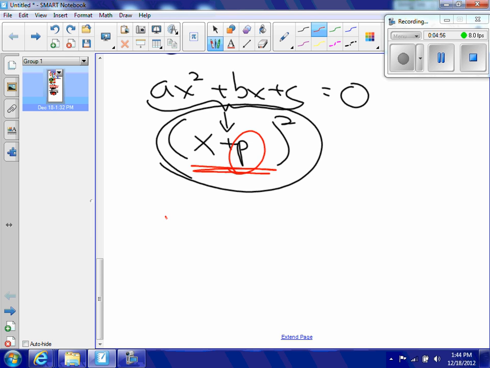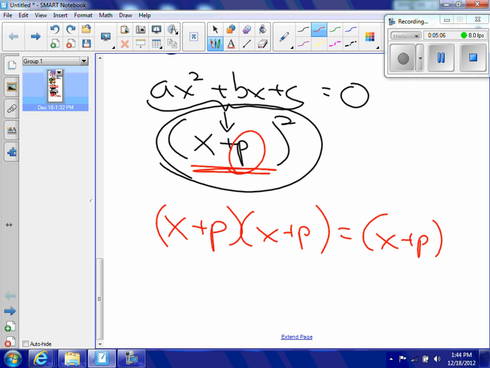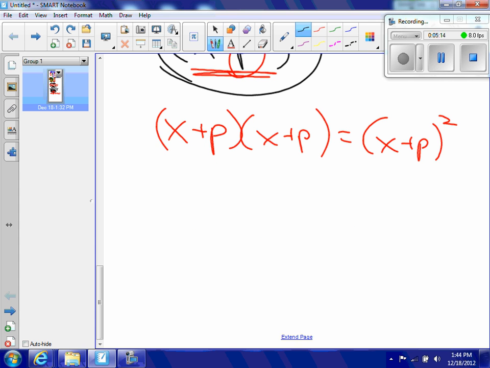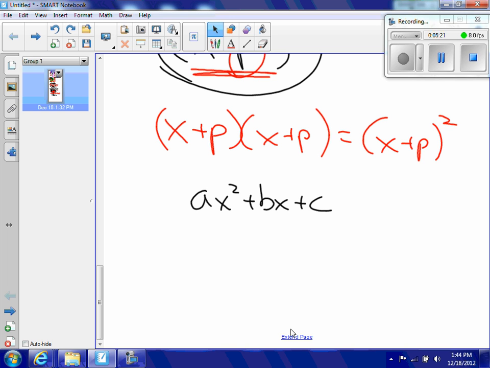So I'm going to have something like x plus p times x plus p, that's the same thing as x plus p squared. Well, I need to get that from ax squared plus bx plus c. How am I going to do that?